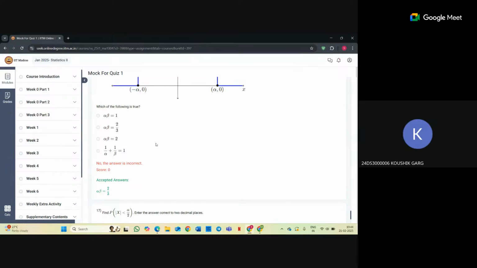Ma'am, please explain this question 17. Okay. Ma'am, for 17, I am getting it as 1 by 4. Anyone else? Anybody solving till now?